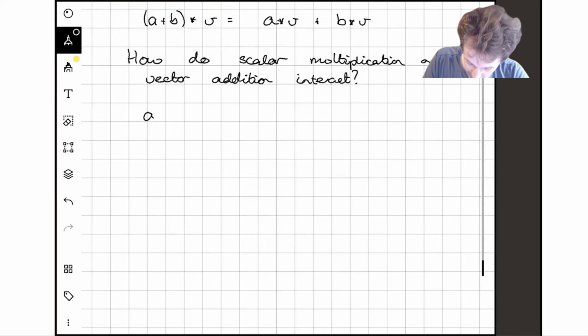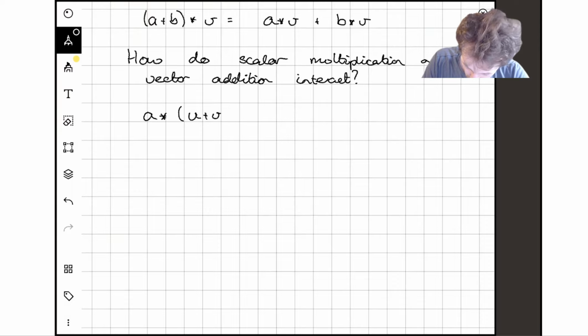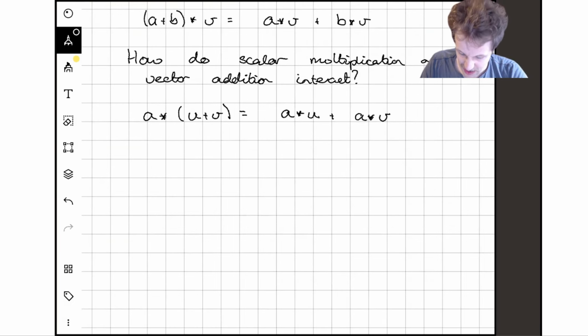That is a times u plus v is a star u plus a star v. Now you might be wondering how this differs from the one up here that we just talked about. Well, the important thing here is that a plus b live in S. They're scalars. Whereas here, u and v are vectors, they live in V. So we need both of these rules.